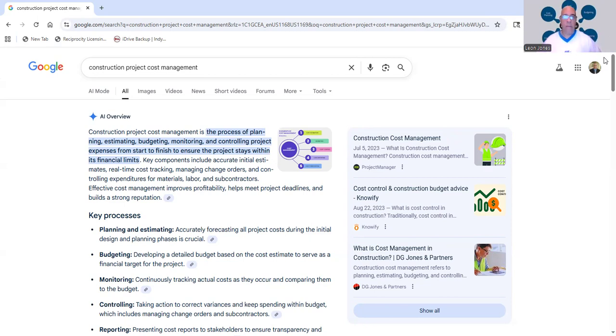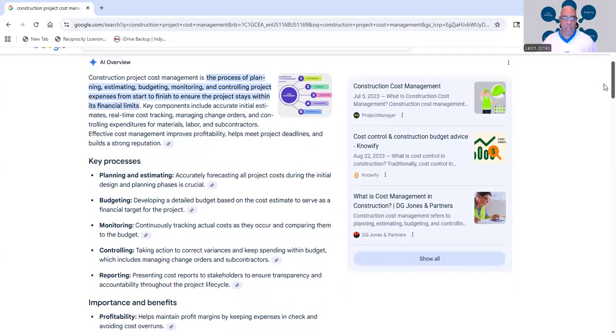Of course, its key components include accurate initial estimates, real-time cost tracking, managing change orders, and controlling expenditures for materials, labor, and subcontractors. So effective cost management improves profitability, helps meet project deadlines, and builds a strong reputation.